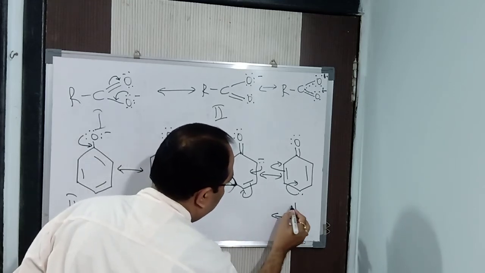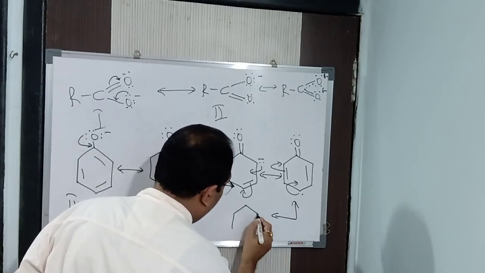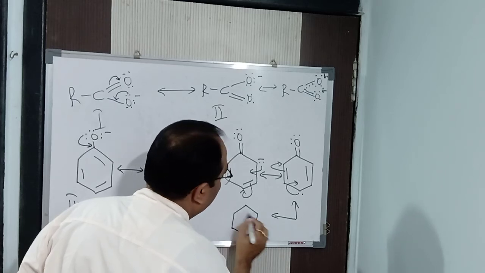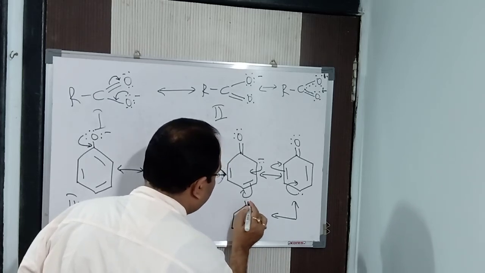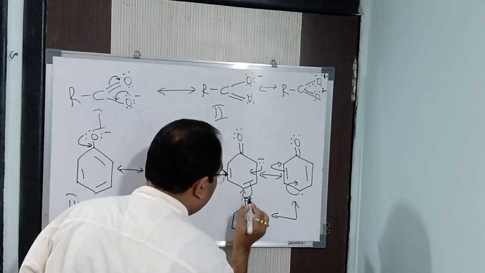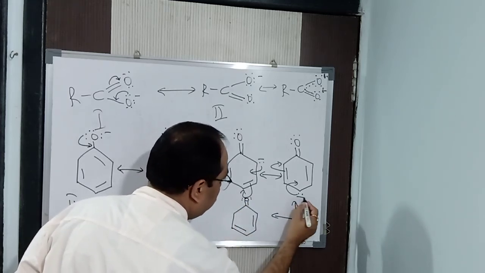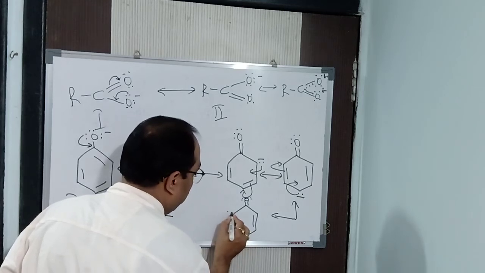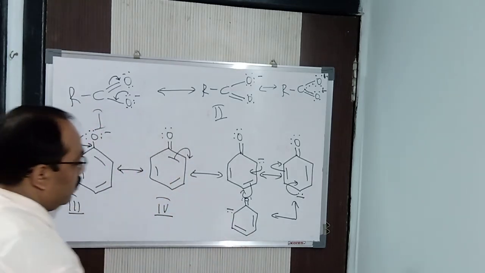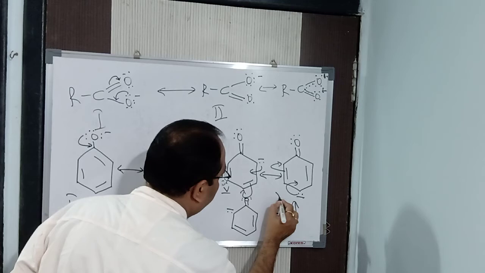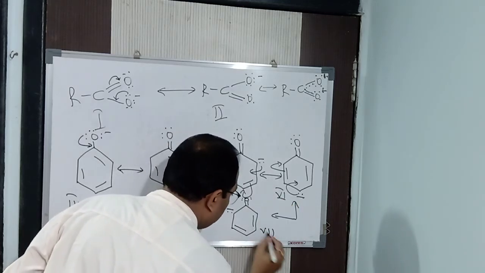I don't have the space here, so I am drawing the structure here. So you can see here it is, and this particular one comes here. So it is 4, 5, 6 and this is your 7.